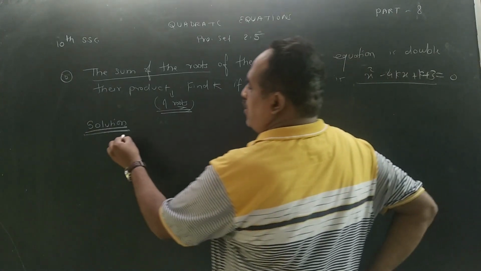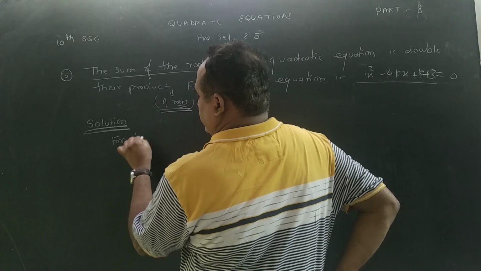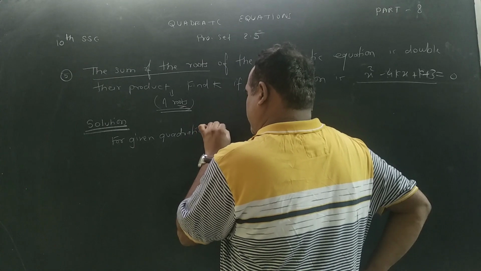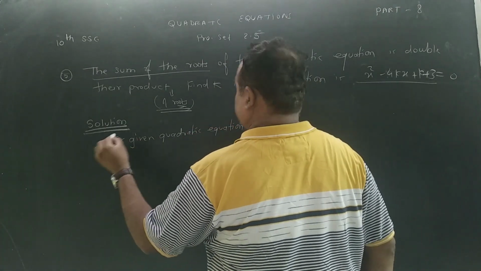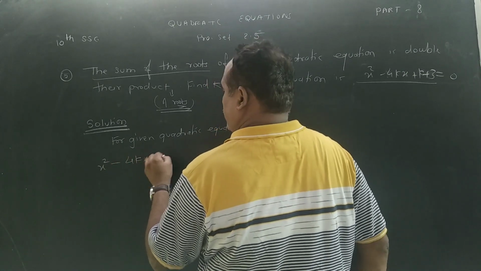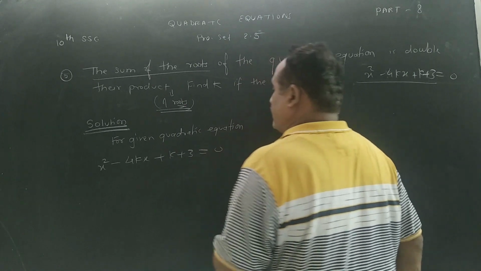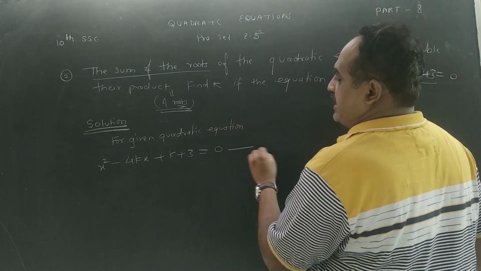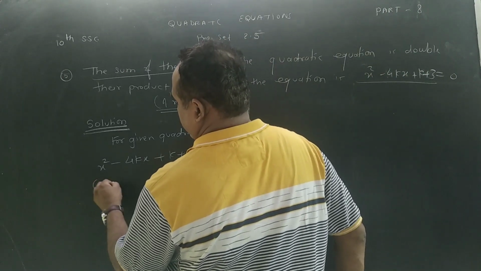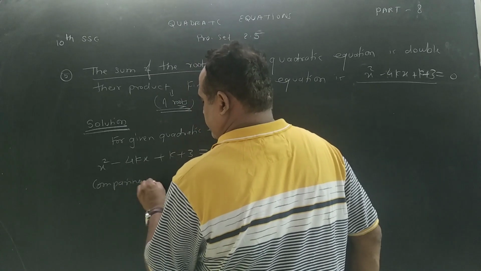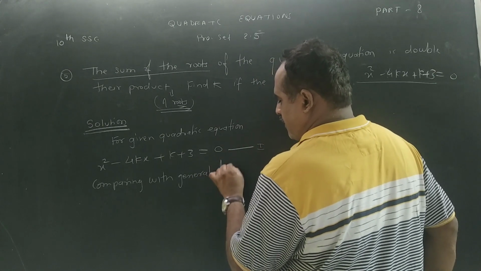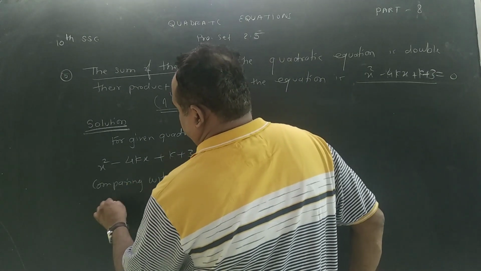So what are you going to write now? For the given quadratic equation, x square minus 4kx plus k plus 3 is equal to 0, and that time it will be equation 1, and this we are going to compare with the general form of quadratic equation.